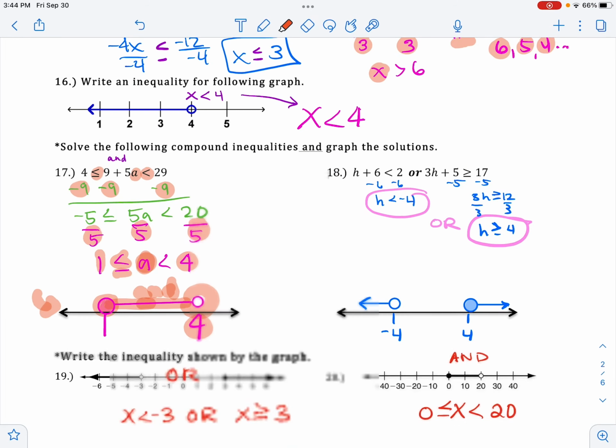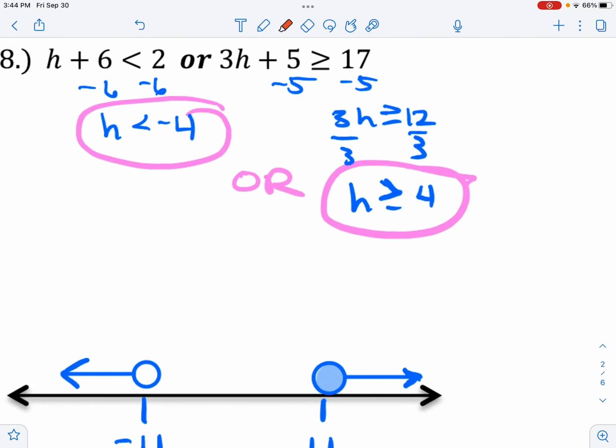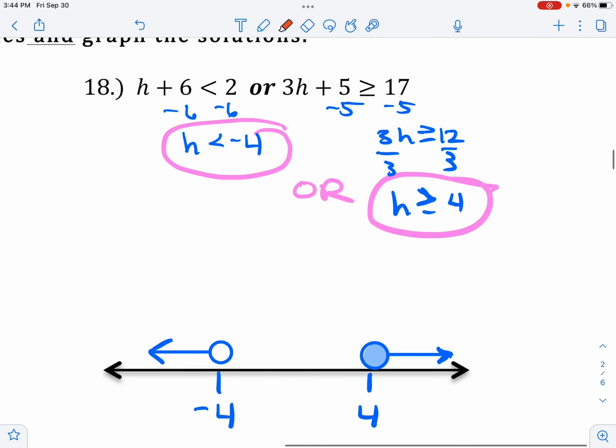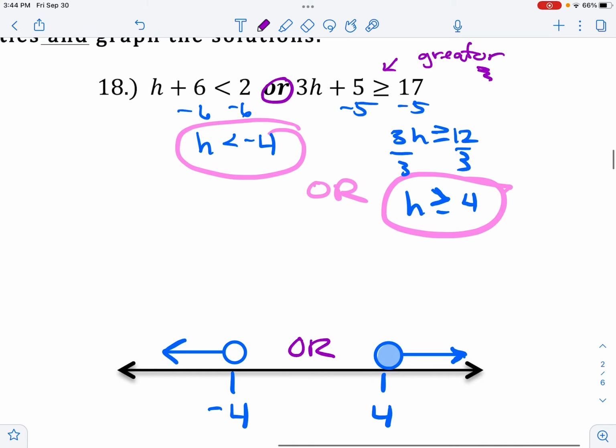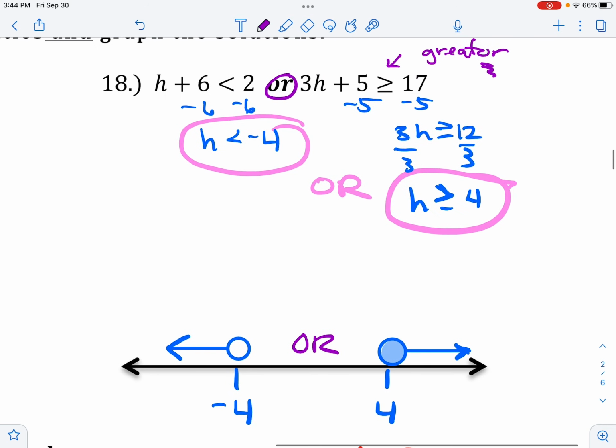Good. Great. 18. This is an or situation, and an or means it never touches, right? There's always this space for or in between, and we can see it's or right there because it says or. And we also see that it says great or, right? That reminds us that it's a greater than. And these we always solve as 2 separate inequalities, subtracting 6 from both sides, getting that x is less than -4.